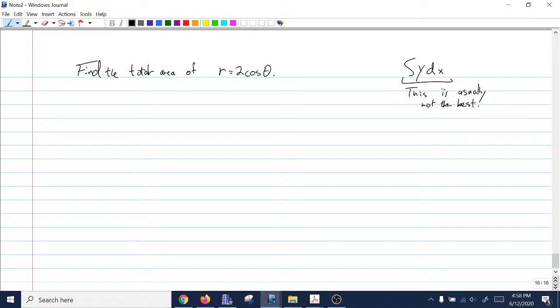Instead of doing that, the traditional thing you do when you're finding area in polar is, instead of translating it to x and y, you think about what is the area swept out. Don't look for the area between the curve and the x-axis. Look for the area that is swept out by all that polar stuff. I want to integrate from theta 1 to theta 2, and I want my integral to somehow catch all the area swept out by a polar curve.